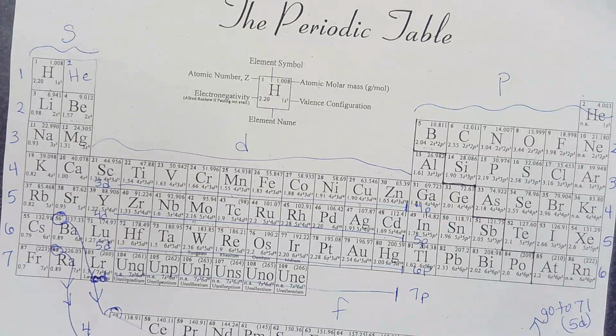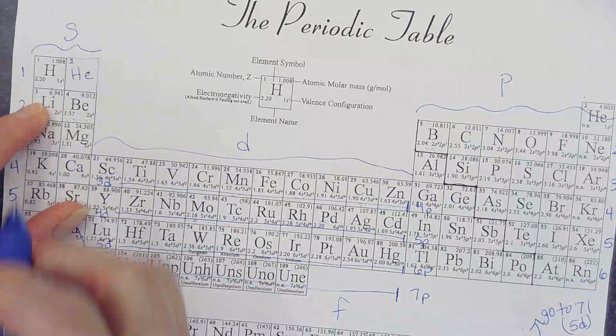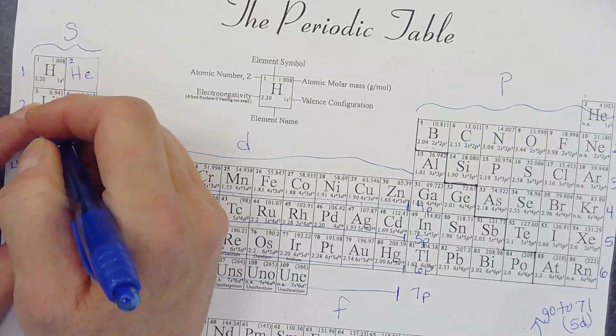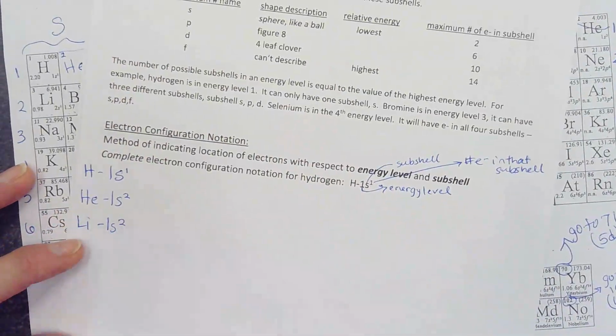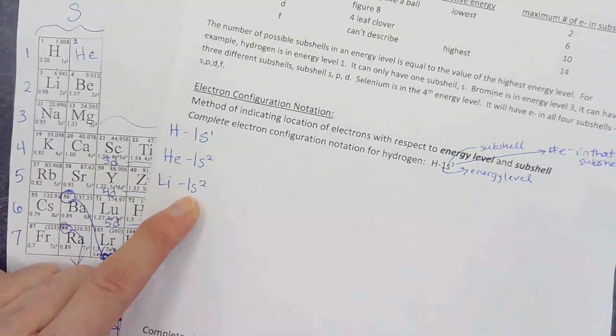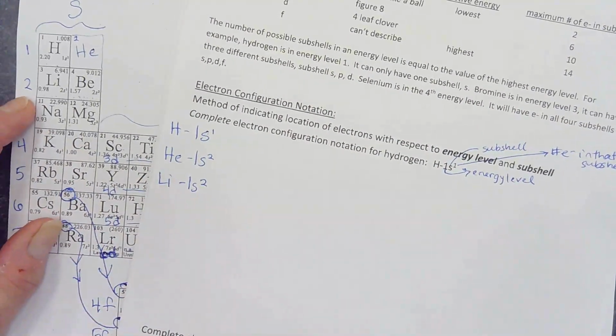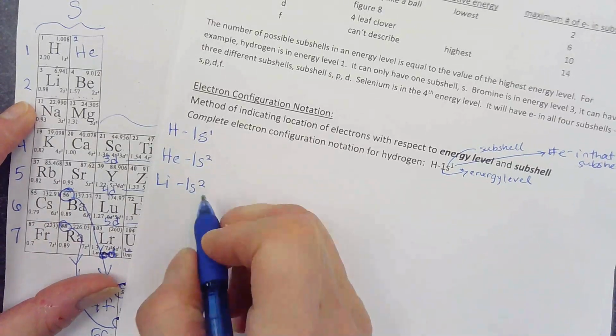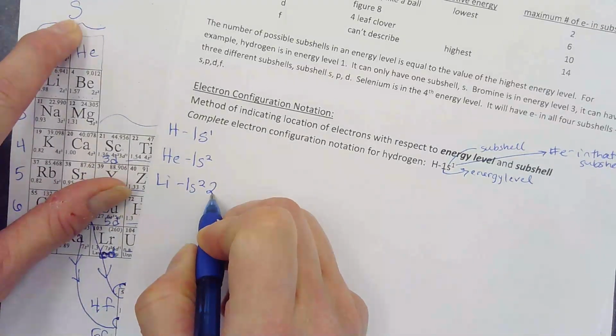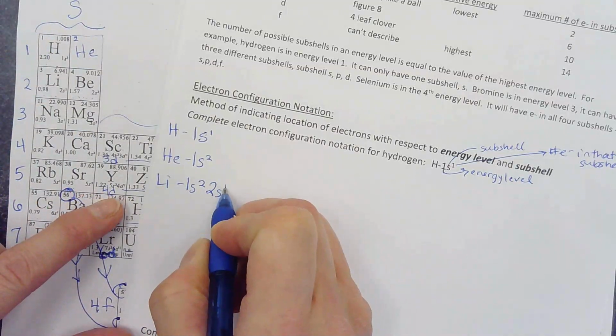To get here, you have to go through this space. So the electron configuration notation is going to be 1s2. That's where 2 of your electrons are. Now, where's the third electron? What energy level? 2. What subshell? S. How many are there? 1.